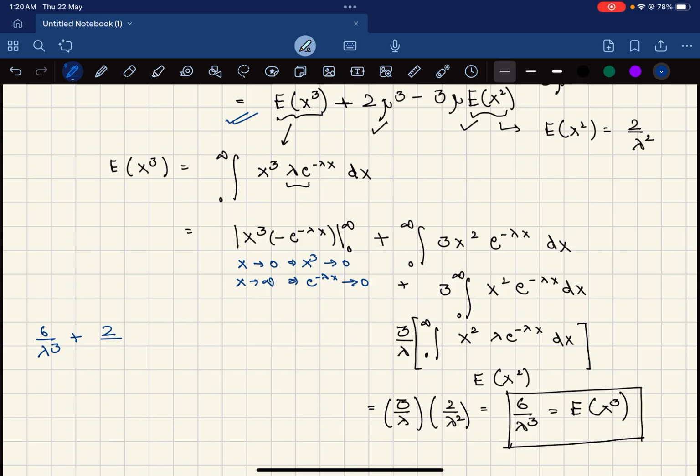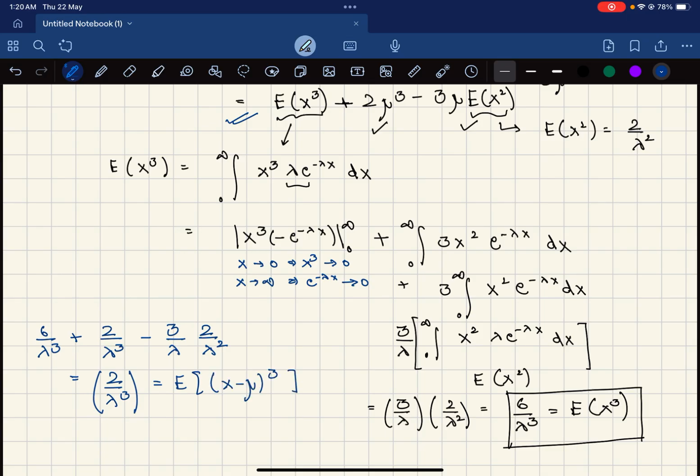Mu is 1 upon lambda, so this becomes 2 upon lambda cube, minus 3 upon lambda into 2 upon lambda square, because 3 mu into expected value of x square. So 3 mu is 3 upon lambda, and then expected value of x square is 2 upon lambda square. So we are left with 2 upon lambda cube. This is the third central moment of the exponential distribution.